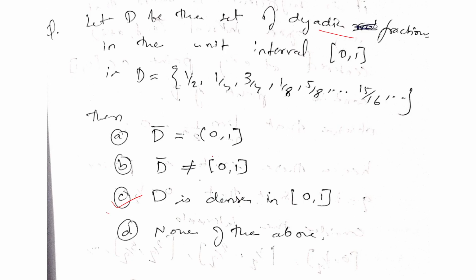Yes, dense prove करने के लिए आपको क्या करना पड़ता है कि closure should be equal to whole set X, right? So here if you have to prove D is dense in [0, 1], you need to prove that D closure is closed [0, 1] whole.